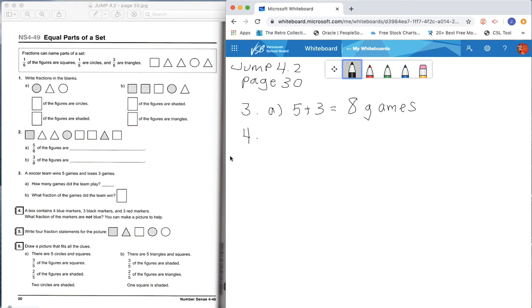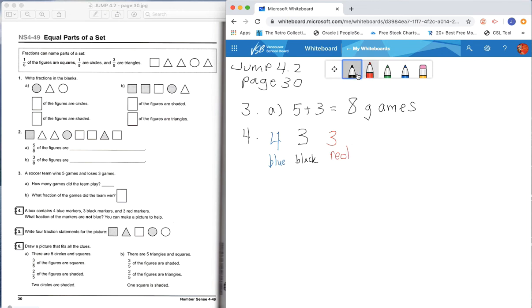Number 4, a box contains 4 blue markers, 3 black markers, and 3 red markers. So I'm going to write 4 blue, 3 red, and there's 3 black. Okay, so here, let's write blue, black, and red.